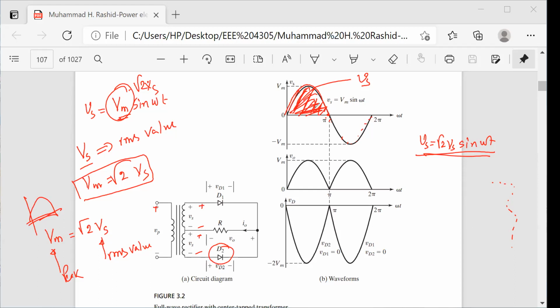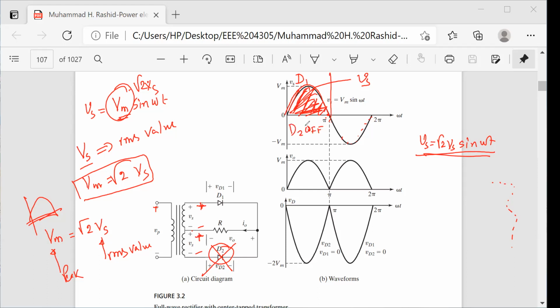Tell me, D2 is conducting or not? Sir, during the positive time. Which one is conducting, D1 or D2? Sir, D1. D1, and this one is not conducting, right? Yes, sir. It is reverse bias. So I can say here D1 is conducting, and D2 is off.